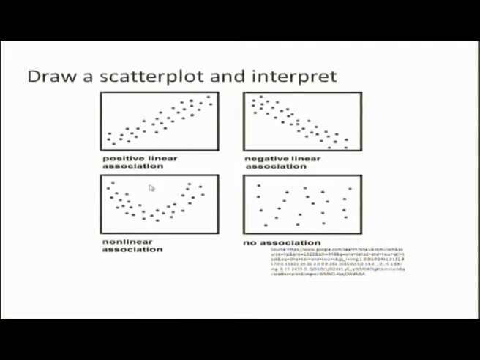In this particular case, we find that there seems to be a pattern. If you divide the graph into 2 parts, you find that in this part there is a kind of linear and negative relationship. This part looks very much similar to this diagram, and this part of this diagram looks very similar to this. What it means is that there is a non-linear relationship between x and y, a U-shaped curve.